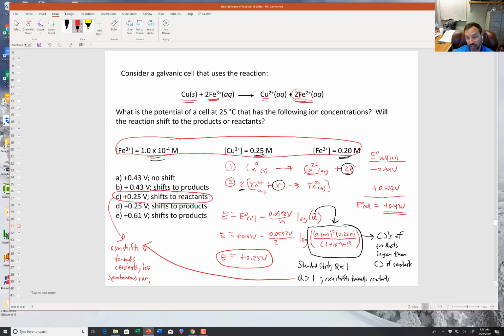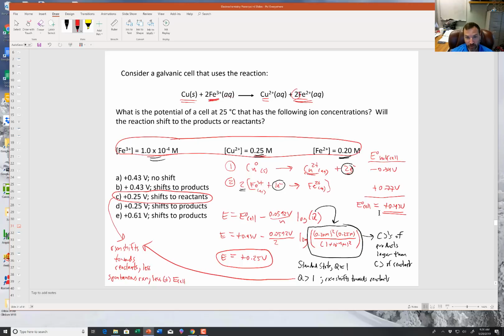And of course, if we have a less spontaneous reaction, that means we have a less positive cell potential. Just as we would have a less negative free energy, we would have a less positive cell potential. So by having these higher concentrations of products versus reactants, we then get a cell potential that's lower, less positive than our normal standard cell.